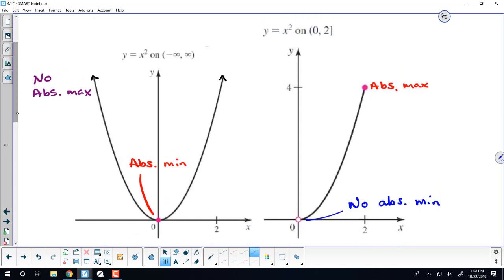Okay, so both of those intervals are actually open. Even though we're including the 2, we're not including the 0, so it looks like it's halfway open, halfway closed, but it's actually considered an open interval.